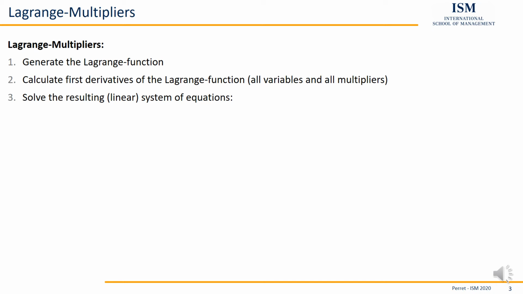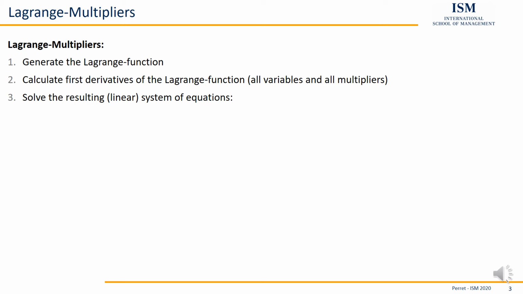The actually interesting thing to note is if we set all derivatives regarding the multipliers to 0, what we get are again the original constraints. So in this case, we have one equation for each of the variables, one equation for each of the constraints. We set them equal to 0, and then we get a system of equations.